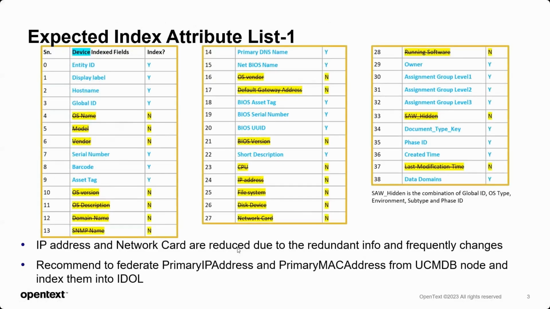You can see that we deleted the IP address because it's a complex JSON string which costs more resources for indexing. Instead, we would suggest to federate the primary IP address and primary MAC address from the UCMDB and index them into the IDOL.